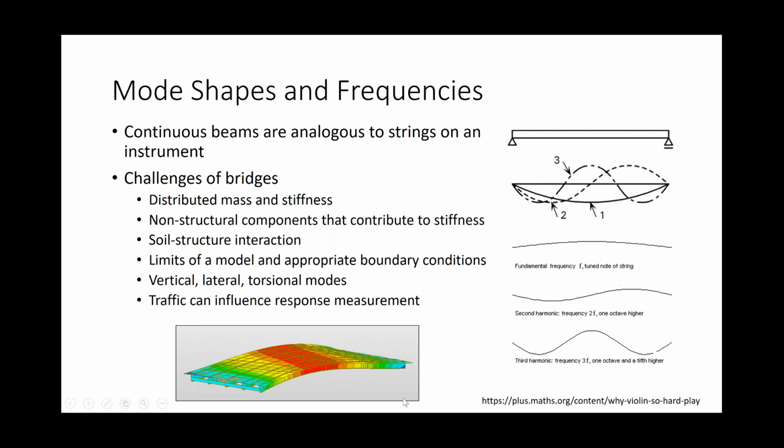Its mass and stiffness are distributed in 3 dimensions. So you end up with modes of vibration that aren't just vertical, but lateral as well, and in some cases torsional. The other thing you tend to find, especially with shorter structures, is that the traffic that's on them can really influence their response. So that becomes an important consideration.